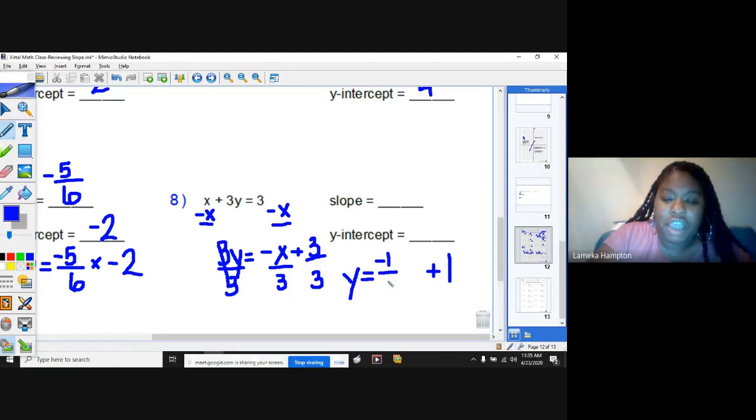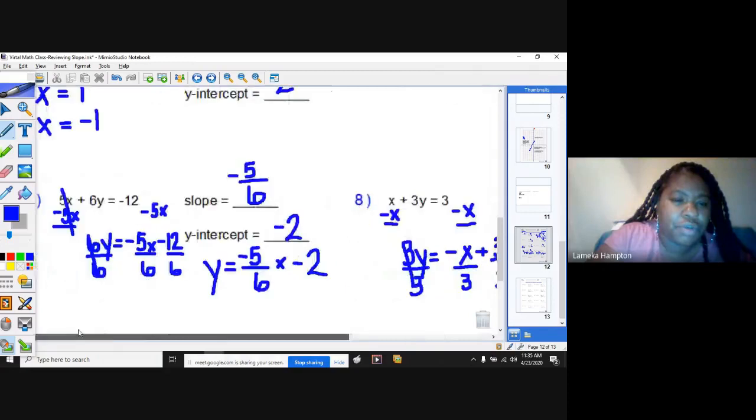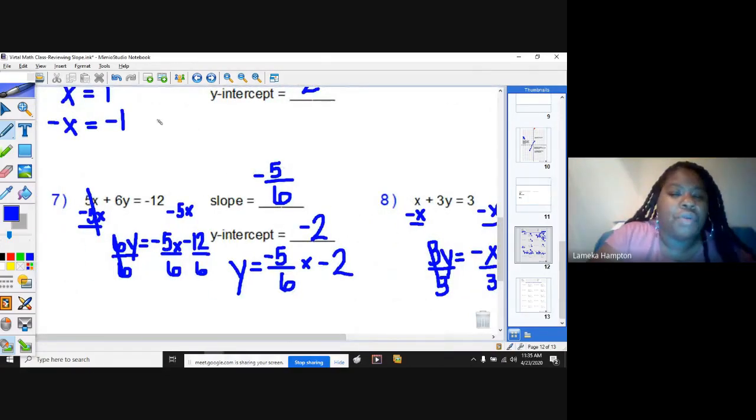over 3x. Okay. So remember, when we have a negative variable or a negative letter, our number that's in front of it is invisible.